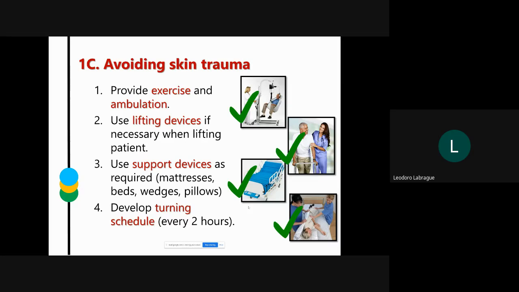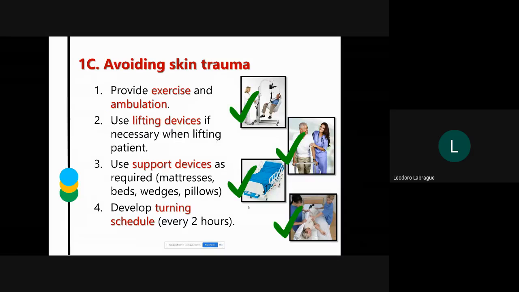Number 3, use of supportive devices. We've been doing this in the lab. You need to have additional pillows, donuts, wedges, pillows for the greater trochanter. Those are supportive devices, and these supportive devices can actually prevent pressure ulcer. That's why we place them on pressure points.